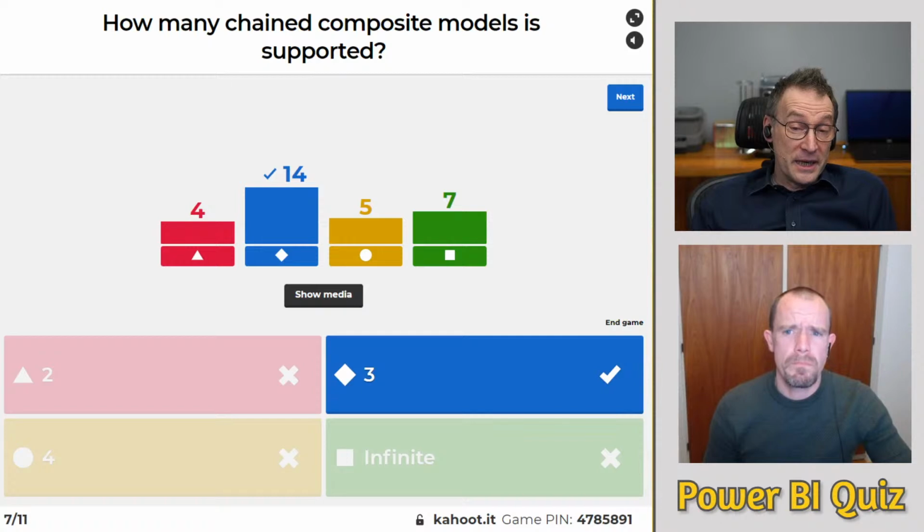Actually, theoretically, you could support infinite connections. Right now, it is limited artificially to 3. So there's no practical or technical reason to limit it to 3, apart from the fact that you might have performance issues with the models. With 3, you are already in a really dangerous area.